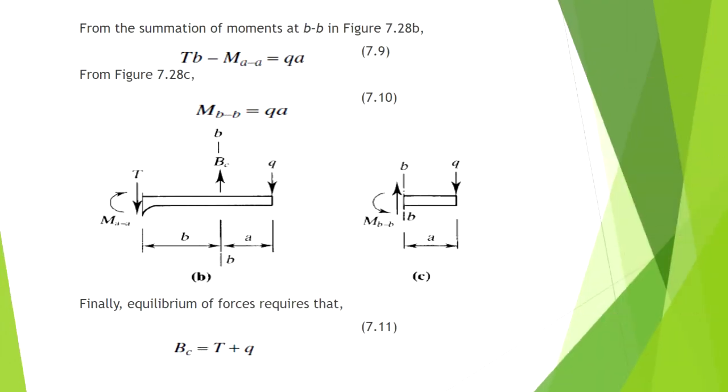From the summation of moments at B-B in figure 7.28b, T times b minus M_A-A is equal to Q a. From figure 7.28c, M_B-B is equal to Q times a. Finally, equilibrium of forces requires that B_C is equal to T plus Q.